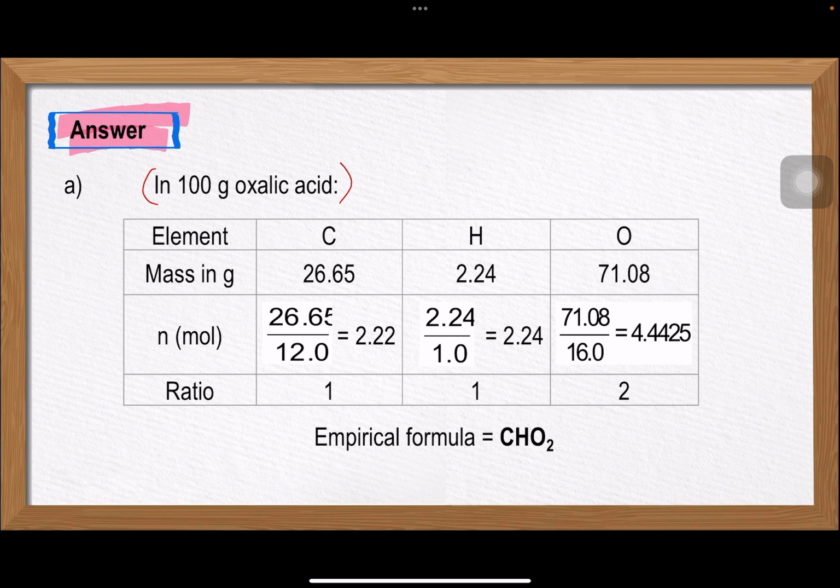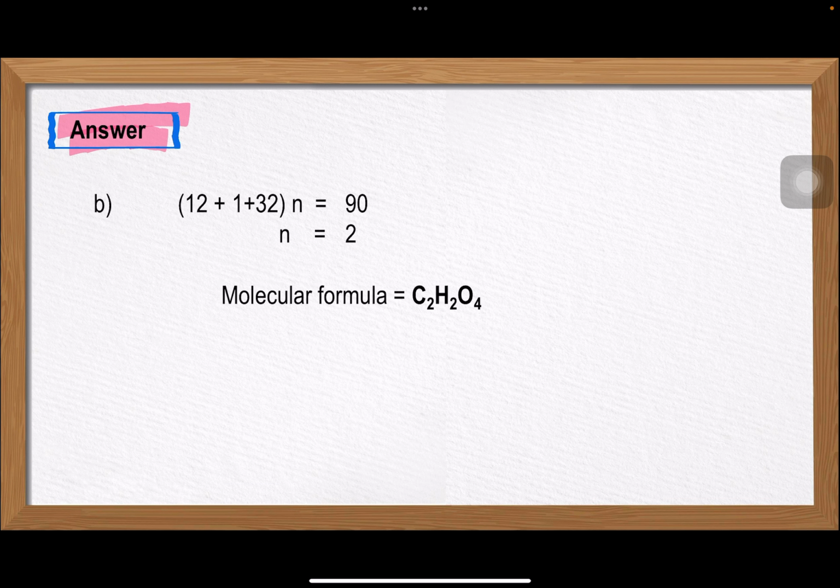Then what is the molecular formula? So given to you the molar mass is 90. So you use formula, molecular formula is equal to N times empirical formula, right? So what is N? You get N is 2.